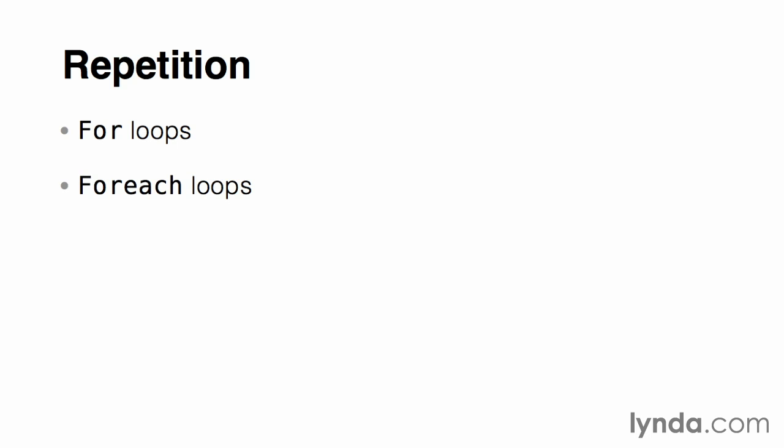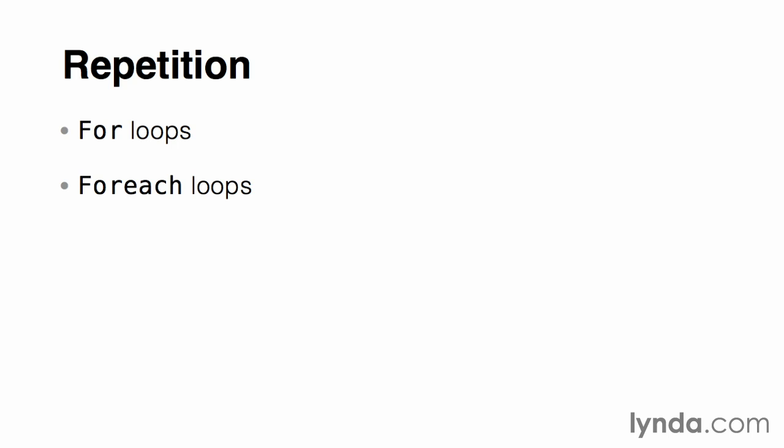C# also provides us with something known as a foreach loop. A foreach loop is a little bit different from a for loop in that it relies on specific components within the C# language and the .NET framework that allow it to iterate across collections of objects. So you'll primarily use foreach with collections of objects.